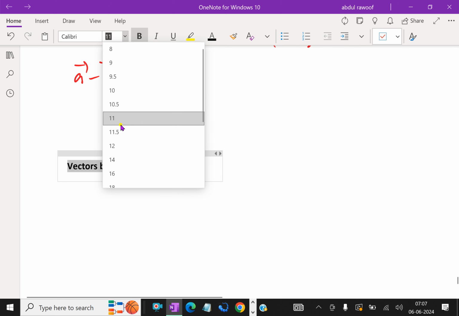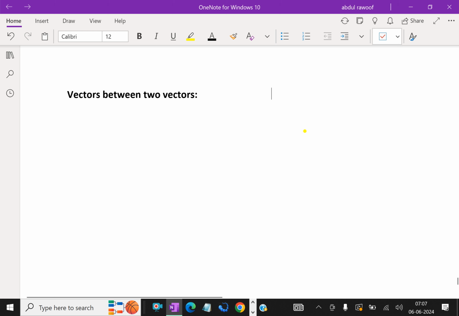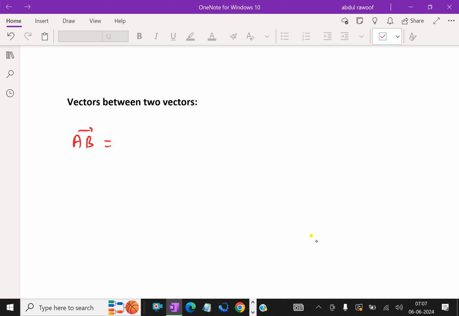That means we have to get two points, one point for each vector, and then the other point. Let it be vector AB. AB equals AO plus OB, that is vector B minus vector A.